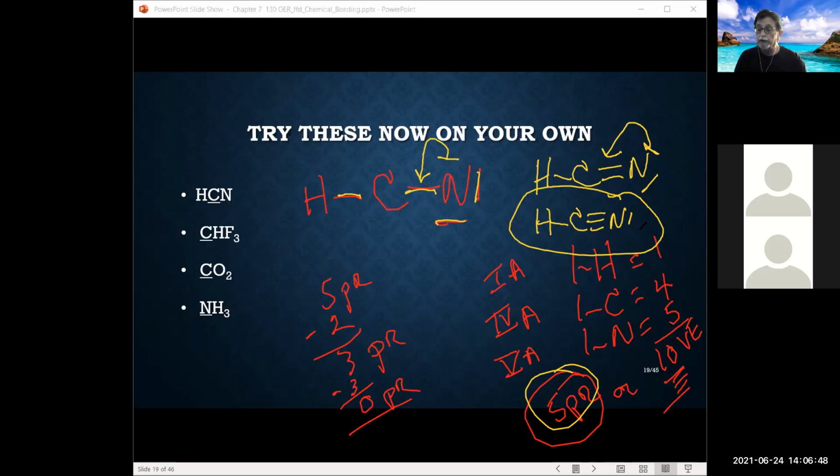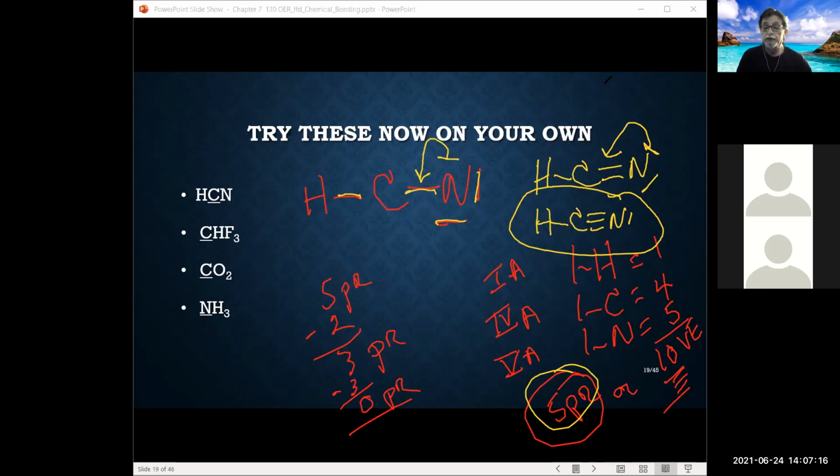And the other 3 pair are shared with carbon. So there's a total of 8 electrons around nitrogen. So nitrogen's octet has been fulfilled, carbon's octet has been fulfilled, and hydrogen's duet has been fulfilled. And so we end up with that formula, HCN. Our general formula, let me draw that.